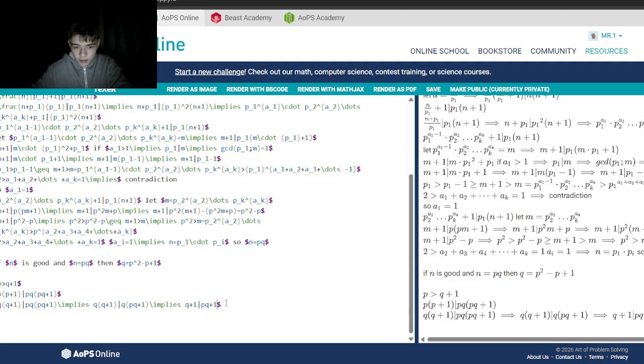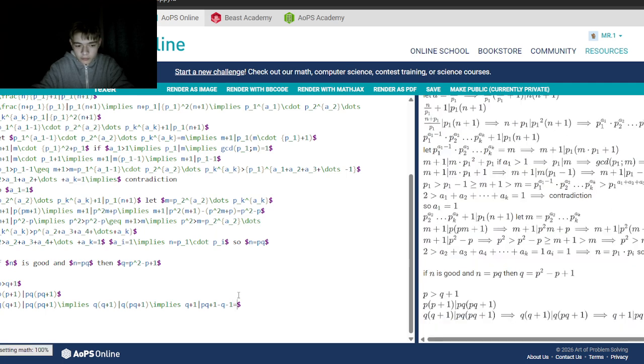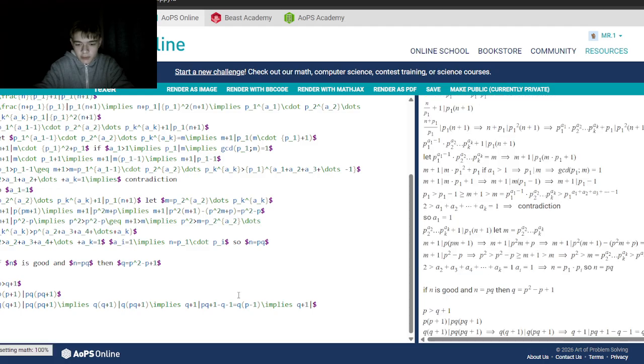Now this means that we can subtract q plus 1, so minus q minus 1, which is equal to q times p minus 1. And since q and q plus 1 are coprime integers, this implies that q plus 1 divides p minus 1.